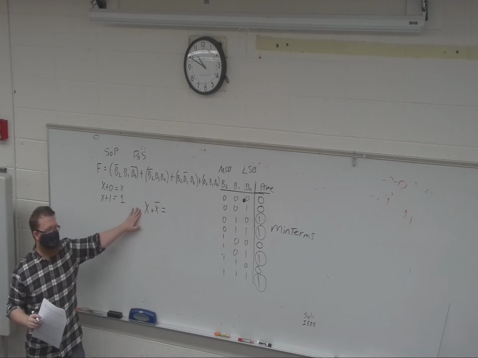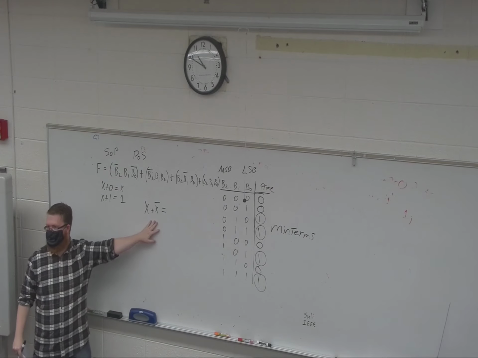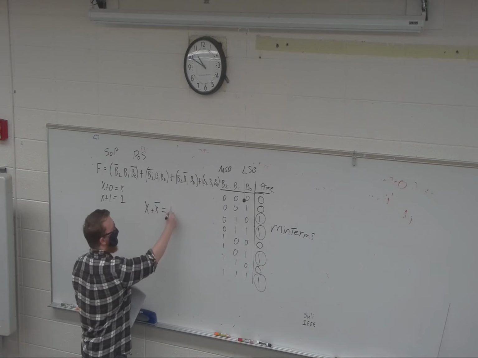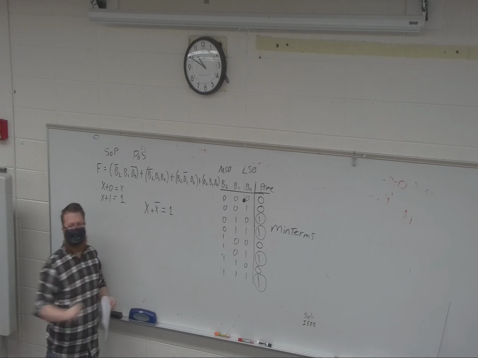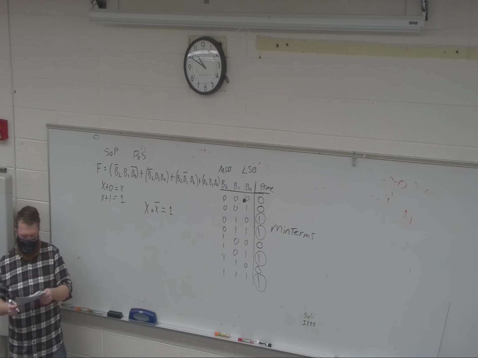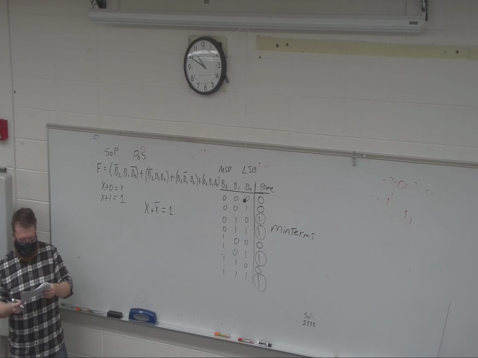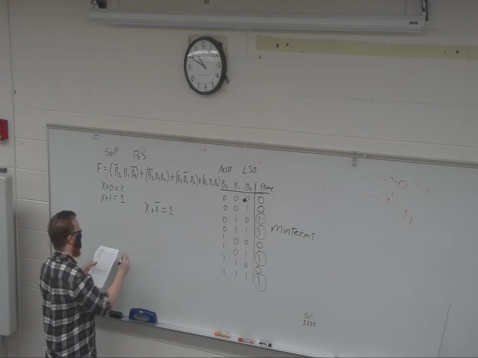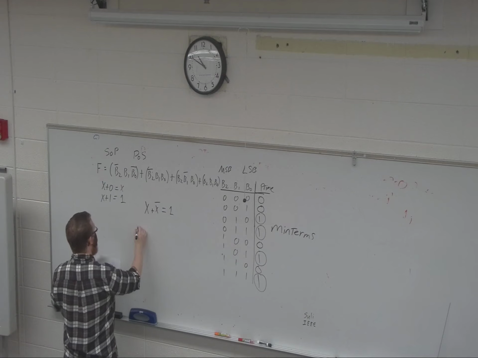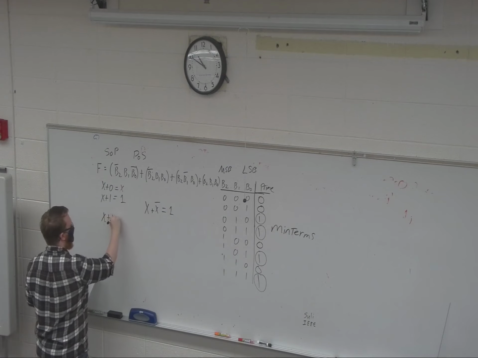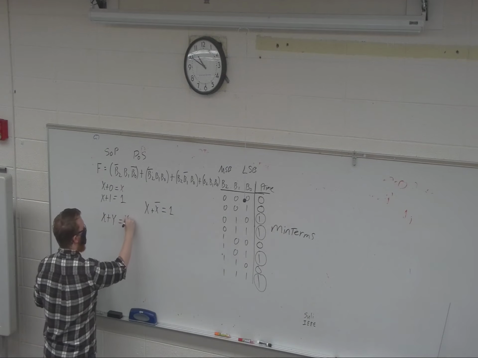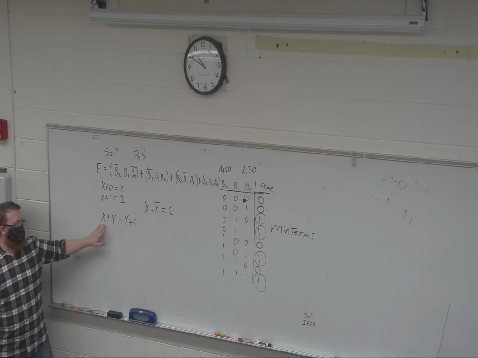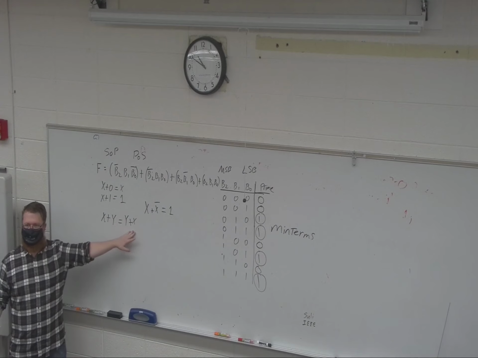If I have x or not x, what is that going to be? 1. It's always 1, right? Because one of those is always true. This one is always super helpful, which is the fact, well, first off, in case it's not obvious, x or y is the same as y or x.